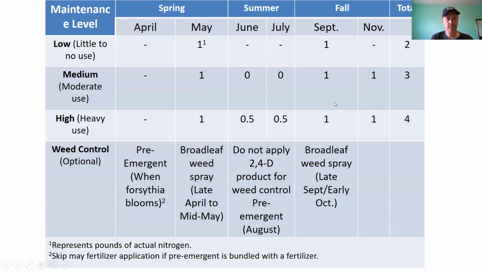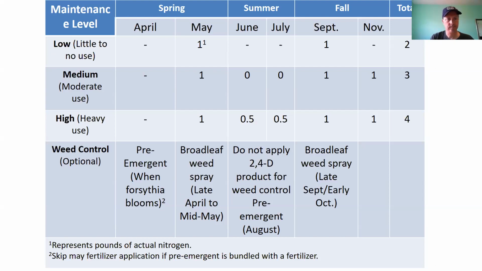The fertilizer schedule. So I get a lot of blowback from lawn companies on how USU recommends fertilizing. And what this schedule right here assumes is that you're following the bag rate.